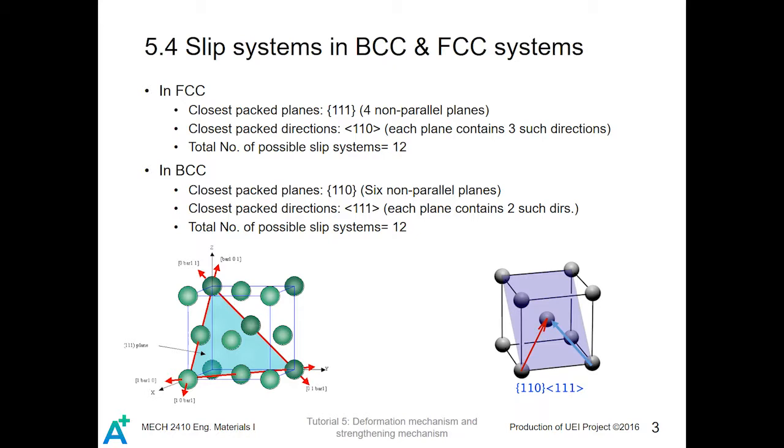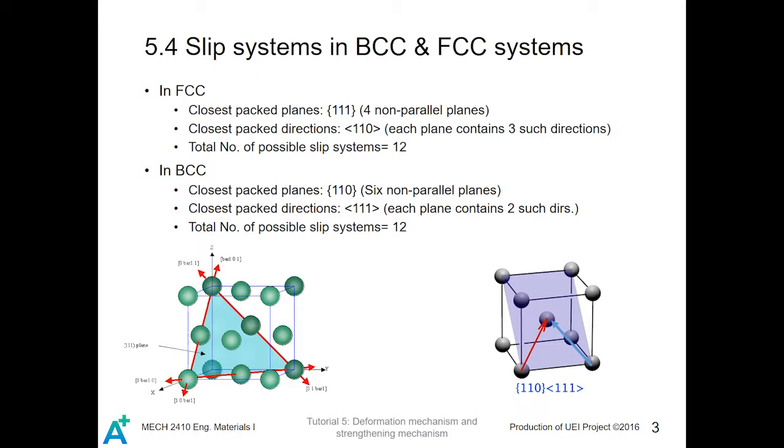Slip systems in body centered cubic and face centered cubic systems. In face centered cubic, FCC, the closest packed planes are {111}, and each unit cell contains 4 planes within the {111} family of planes, which are non-parallel.